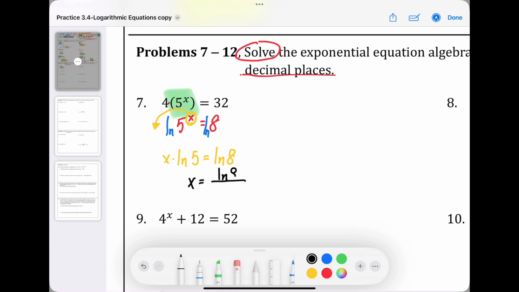Times natural log of 5, the opposite will be divide. So the answer will be natural log of 8 divided by natural log of 5. Now this is perfect without a calculator. I just got my perfect answer.